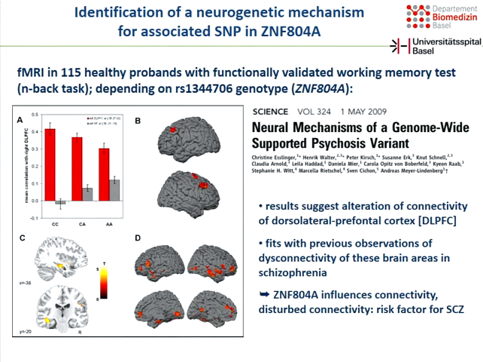So this is a study from healthy individuals. Yes, in healthy individuals you see this alteration of connectivity if they are carriers of this risk variant. So these may be interesting neuroimaging studies to follow up the genetic findings that we have.